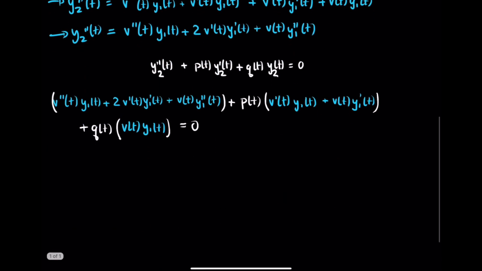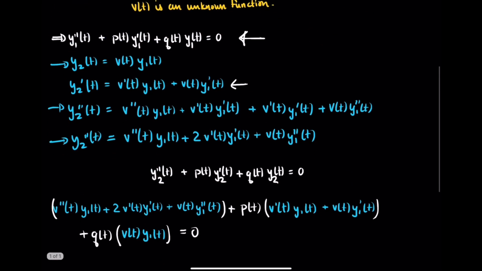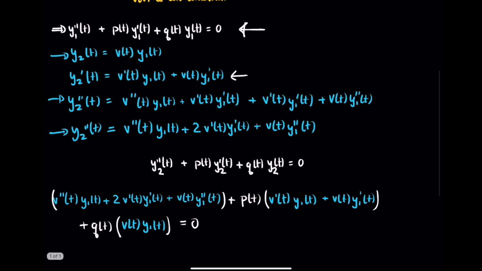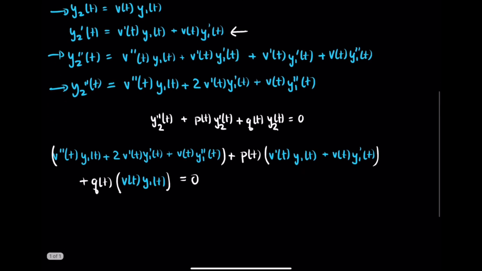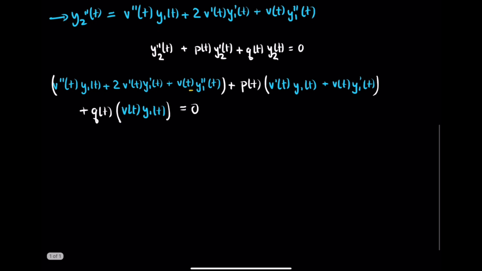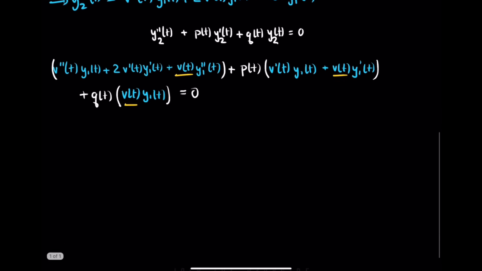If we group the v(t) terms, these three terms, v(t) times y1 double prime t plus p(t) y1 prime t plus q(t) y1(t), I should put the v(t) outside the bracket.